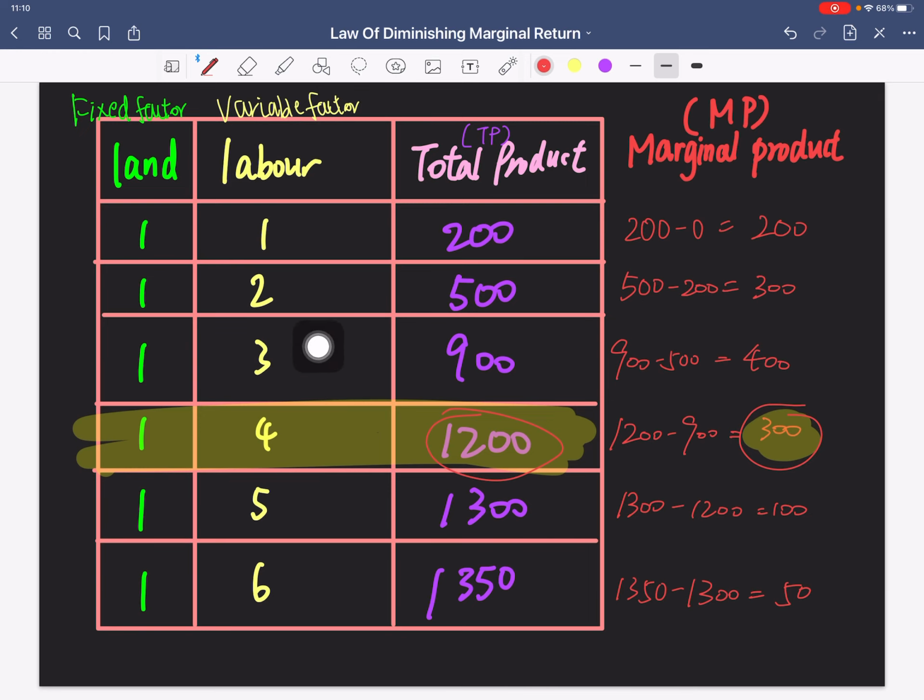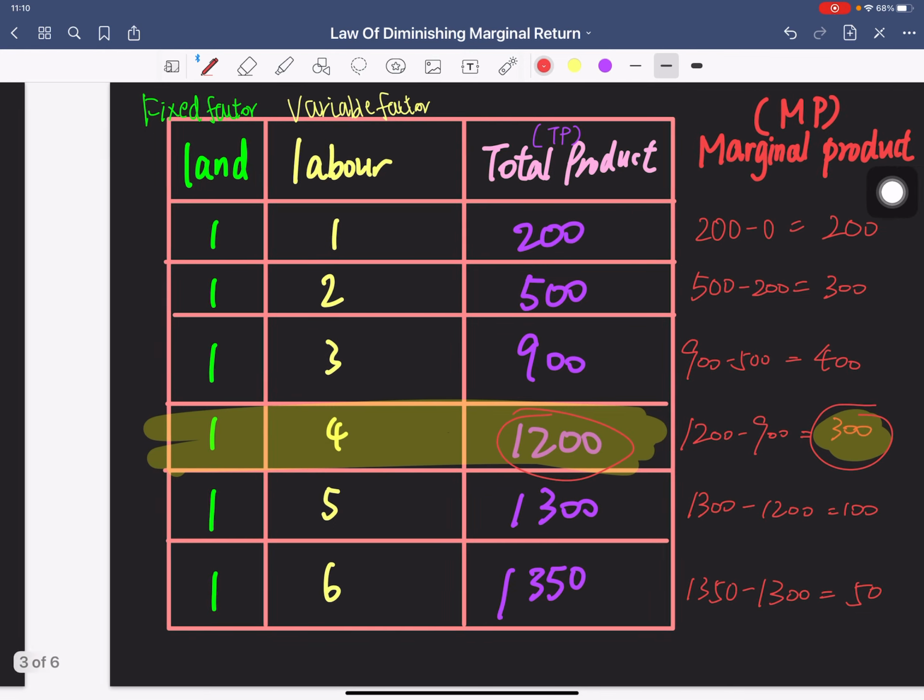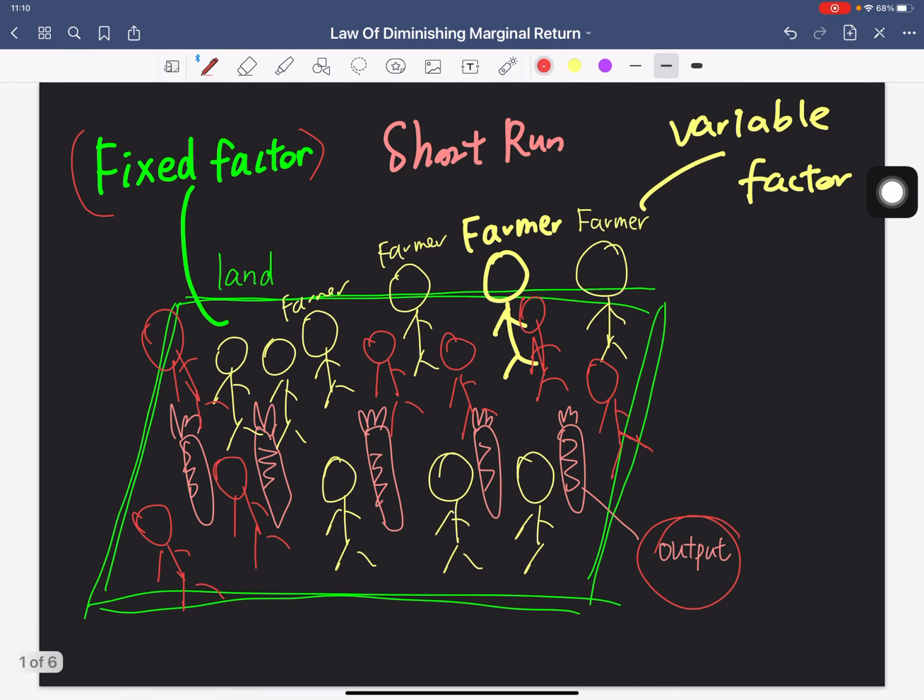By adding the labor from 3 to 4, the additional benefit brought by employing this one unit of labor is not going to be that good. You can imagine the farm becomes crowded, or it is not going to be as well managed as before.